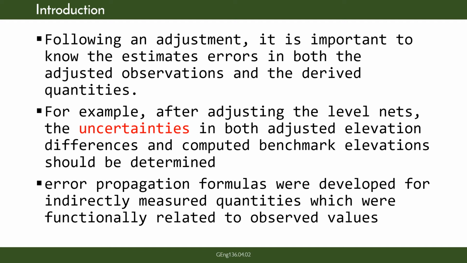Usually in surveying, we have plenty of indirect measurements. When we say indirect measurements, we determine that point or position indirectly, meaning we don't observe that point directly, but we obtain that position from different models, like triangulation, trilateration, and so on.